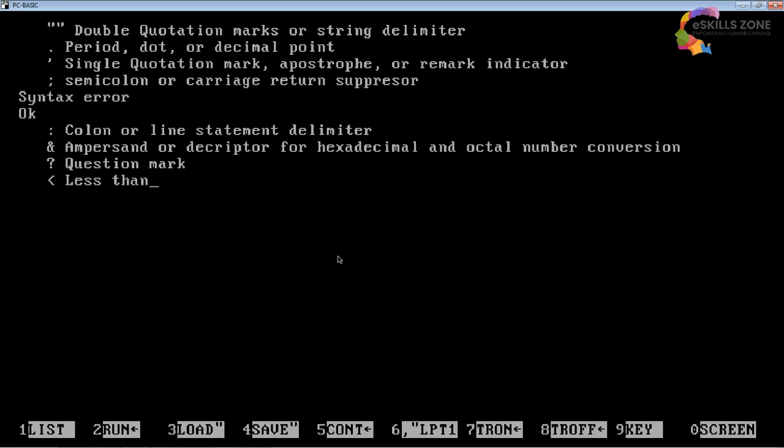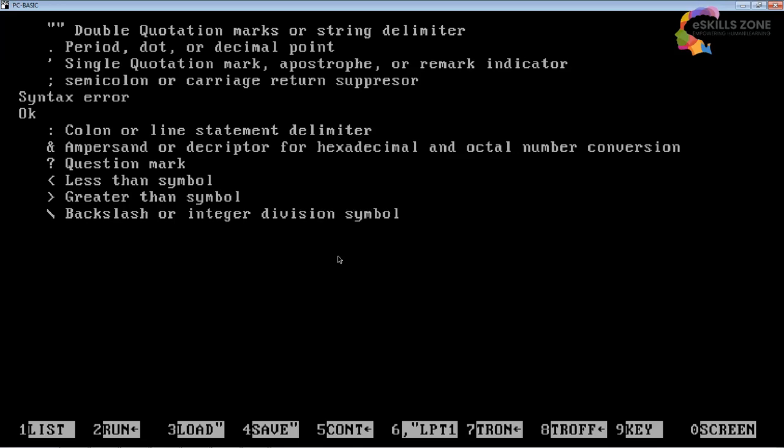The next one is the less than symbol. The next one is the greater than symbol. Next one is backslash. This is called backslash or integer division symbol.